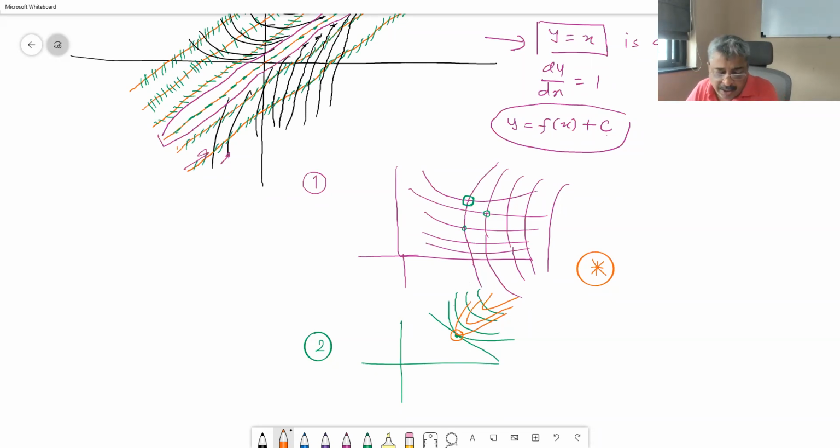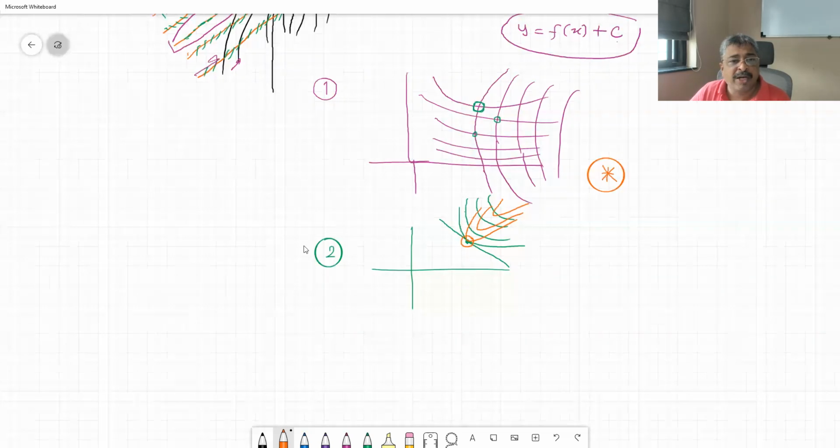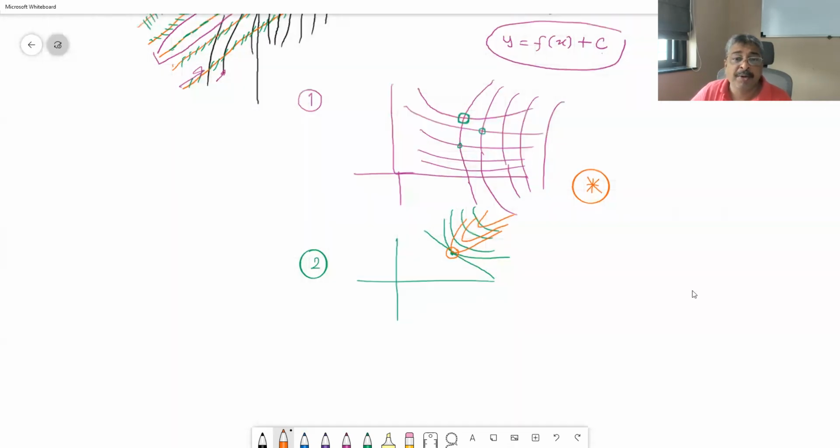So let me have one example where there could be a couple of points, or a point or two, or a line or something like that, where you won't be able to calculate the isocline and you won't be able to decorate.